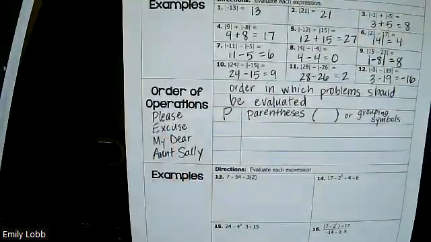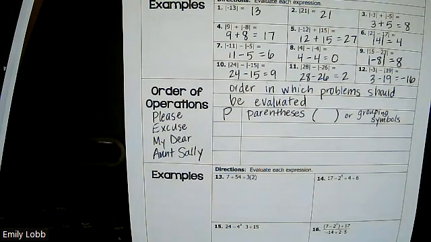So things that group things together have to be completed first. Now, sometimes we'll see parentheses just representing multiplication, and that's different. If there's no operation inside our parentheses, it's just going to be showing multiplication, right?